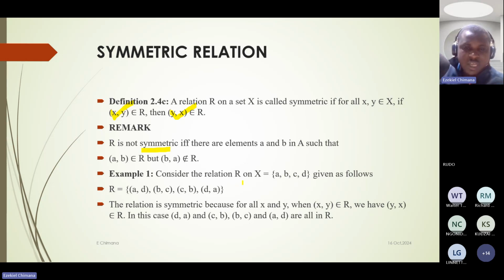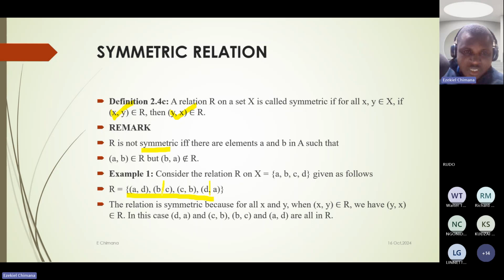So consider the relation R on X = {a, b, c, d}, which is our set, given as follows: ad, bc, cb, da. And you are being asked, is this a symmetric relation? You have an ad, and here you've got a bc, and here you've got a cb, and here you've got a da. Whenever you've got an ad, you must find da, which is this one.